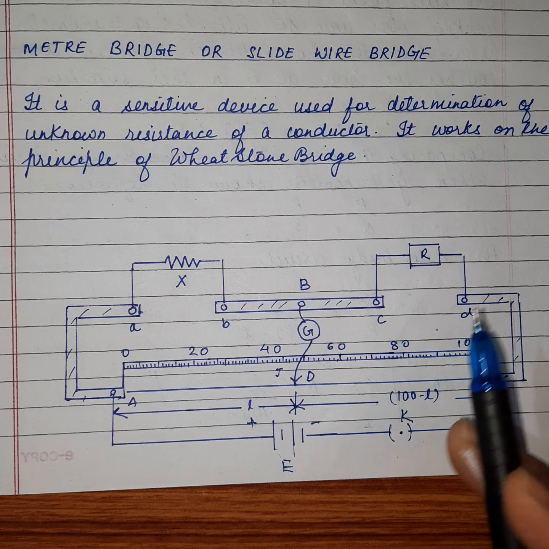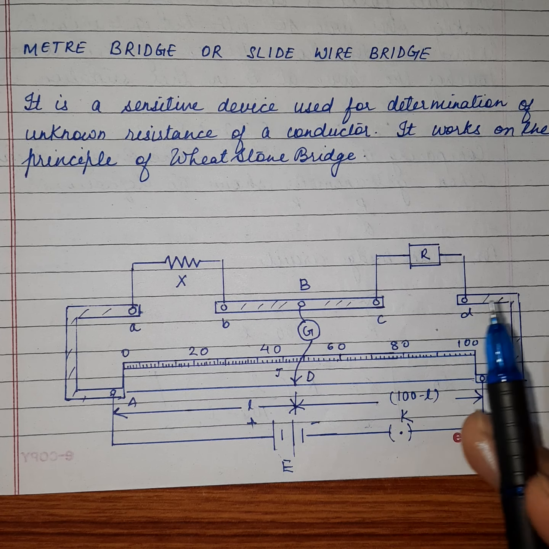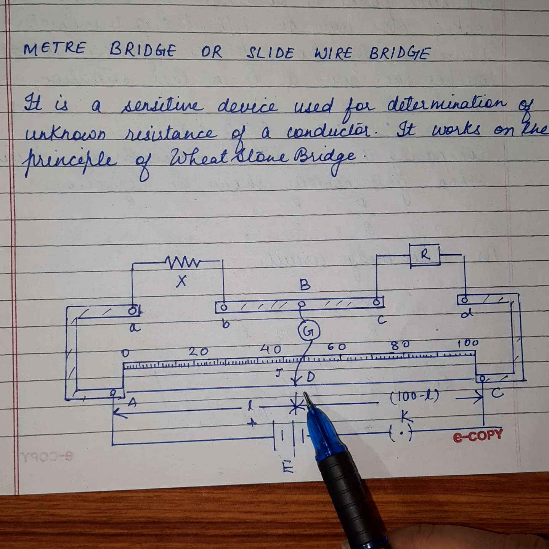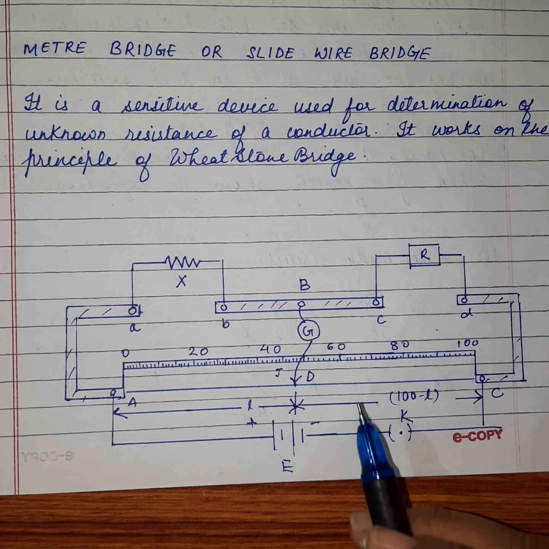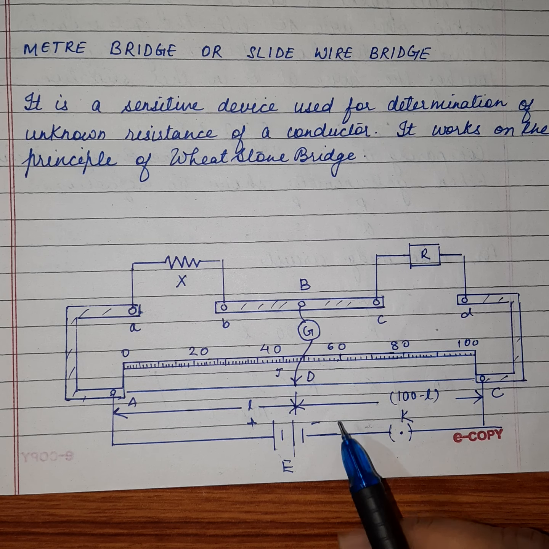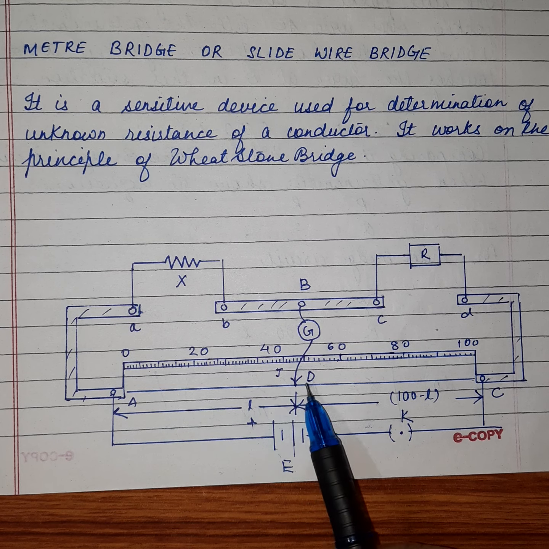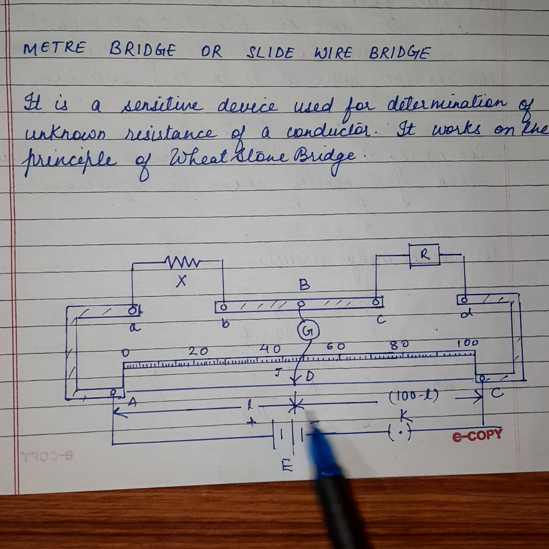So that is the null point. In this case, the null point is obtained. Let the jockey touch the wire at D. This is the point, right? In this situation, the length AD is equal to L. So what will the other length be? 100 minus L.